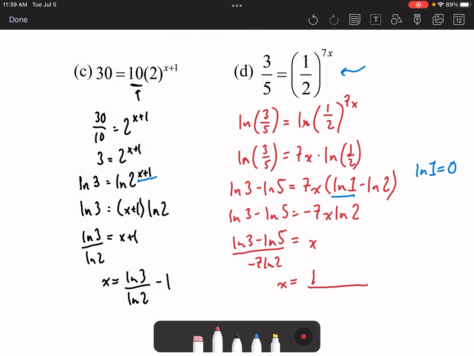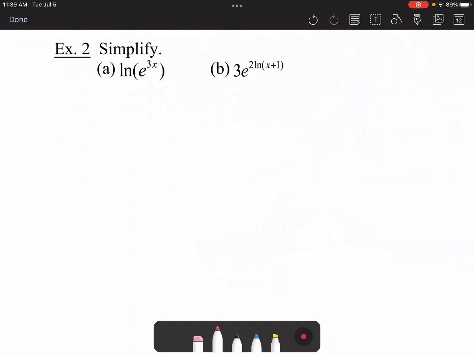You can reverse the numerator, and you can express it like this. And there's the value of x as an exact value.